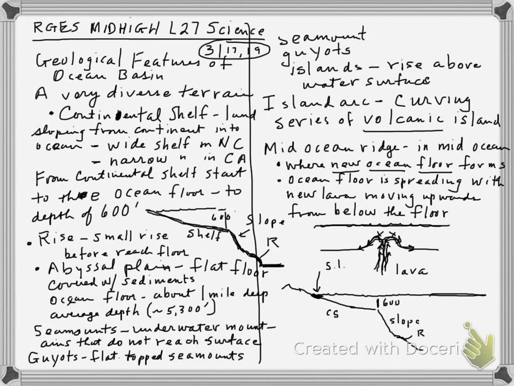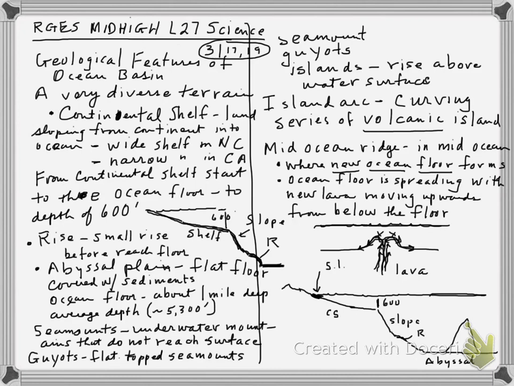And then we've got the deep abyss, or the abyssal plain, which is that flat plain that we talked about earlier. Now, as we see this, some things stick up off the abyssal plain. We have seamounts, which will stick up, and they're kind of sharp topped.